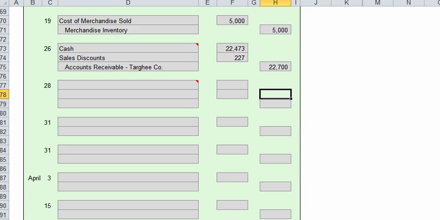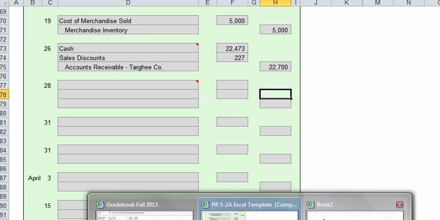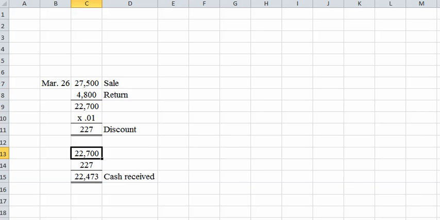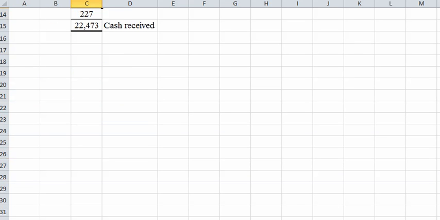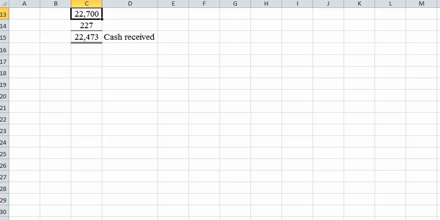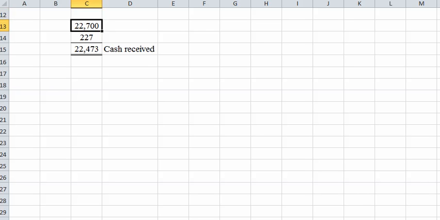Okay, on the 28th, received check for amount due from Vista Company for the sale on the 19th. Let's do those calculations over here as well. All right, this is for March 28th.